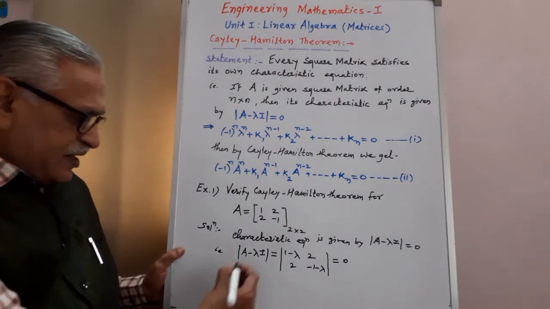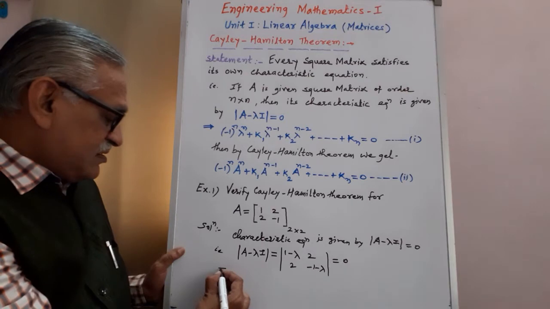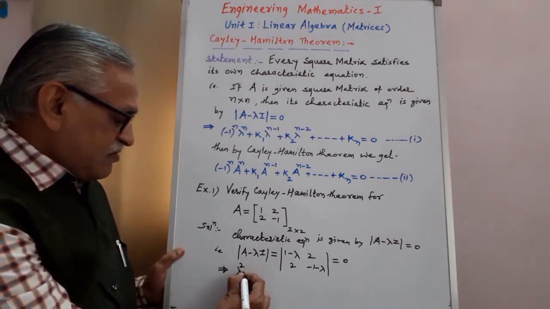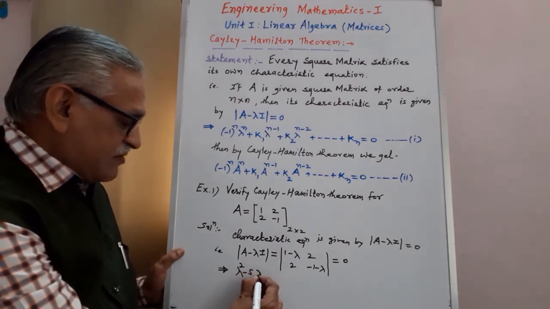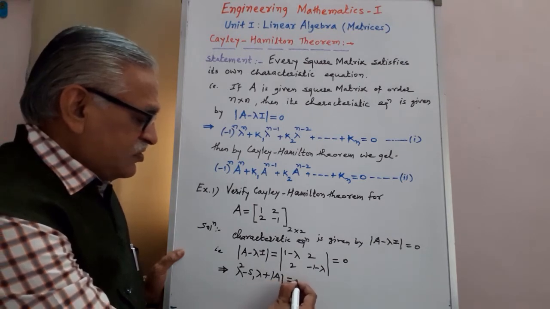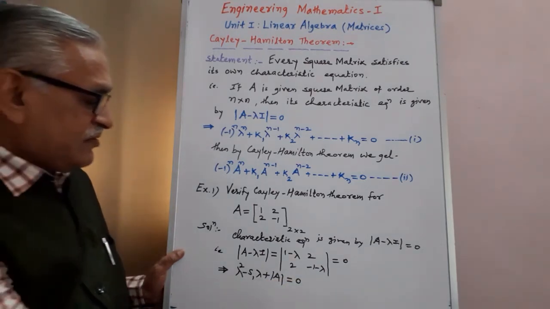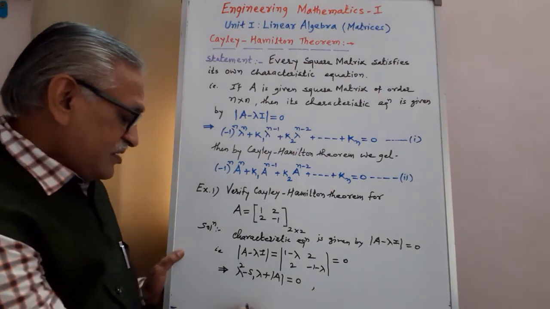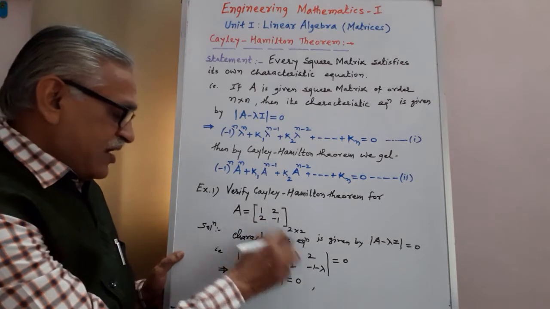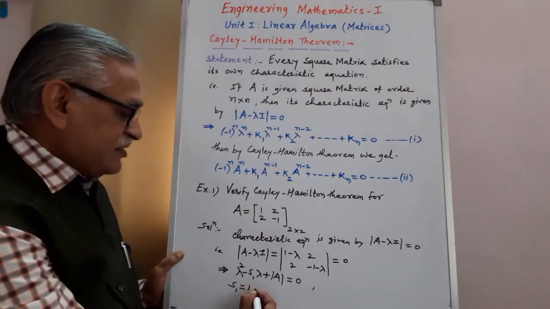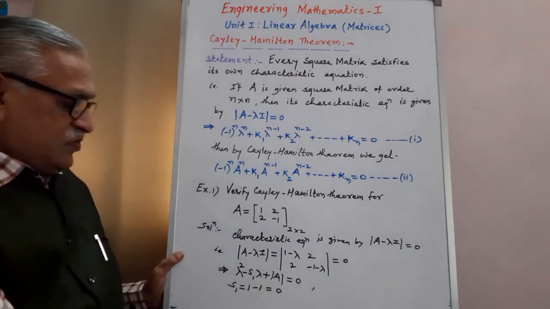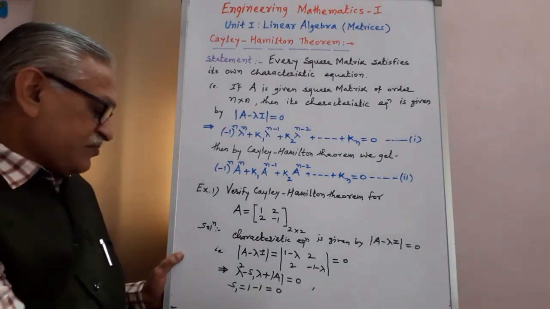To obtain this, we can use the shortcut method. It is given by lambda square minus S1 lambda plus determinant of A equals 0, where S1 is the sum of the principal diagonal elements. Therefore, 1 minus 1 equals 0. We get the value of S1 as 0.